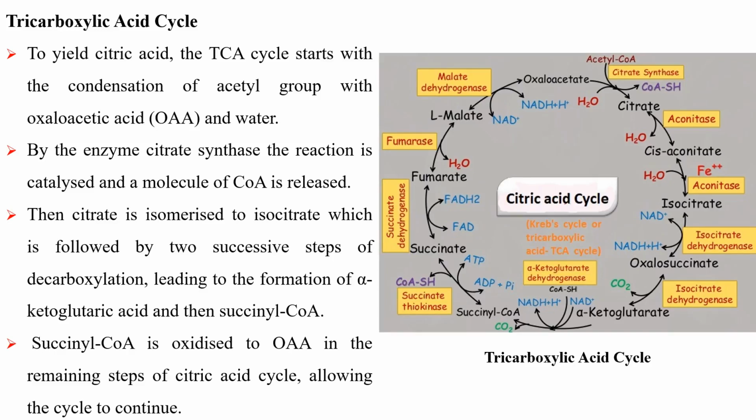Then citrate is isomerized to isocitrate, which is followed by 2 successive steps of decarboxylation leading to the formation of alpha-ketoglutaric acid and then succinyl-CoA. Succinyl-CoA is oxidized to OAA in the remaining steps of the citric acid cycle, allowing the cycle to continue.